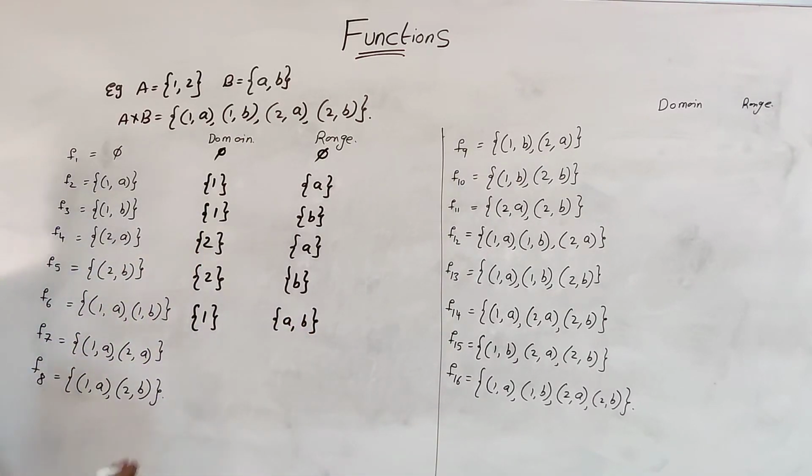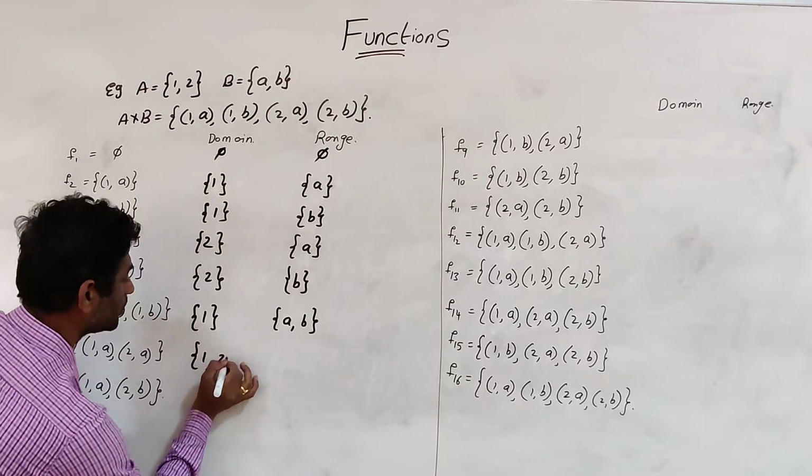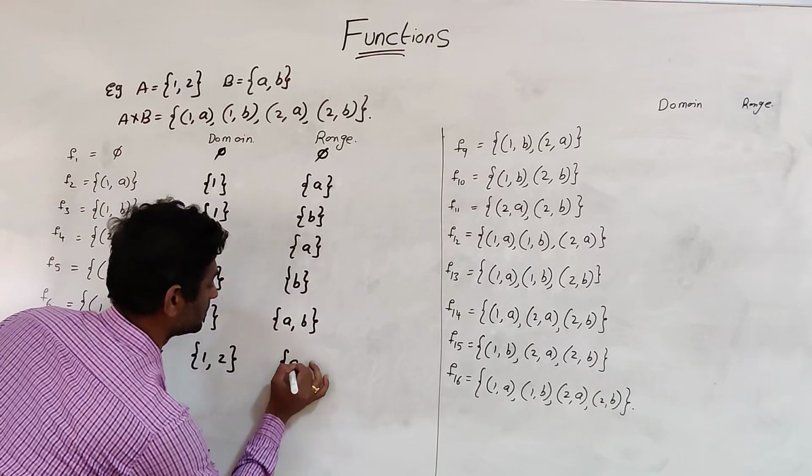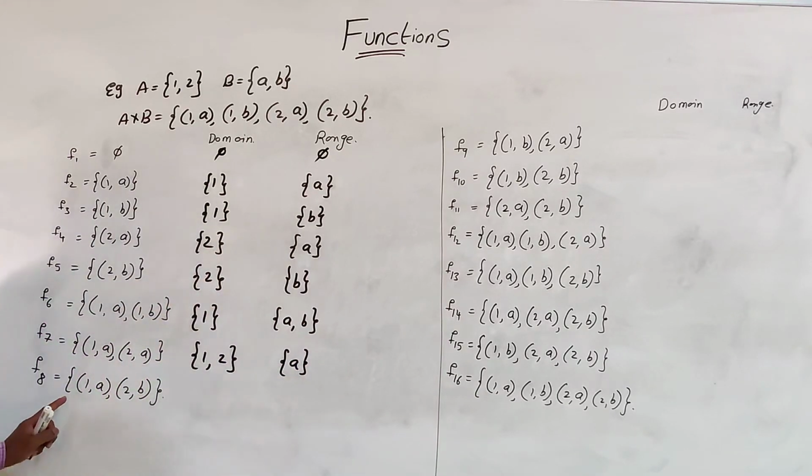Next, for this, {1, 2} is the domain and a is the range. For F8, the domain is {1, 2} and the range is {a, b}.